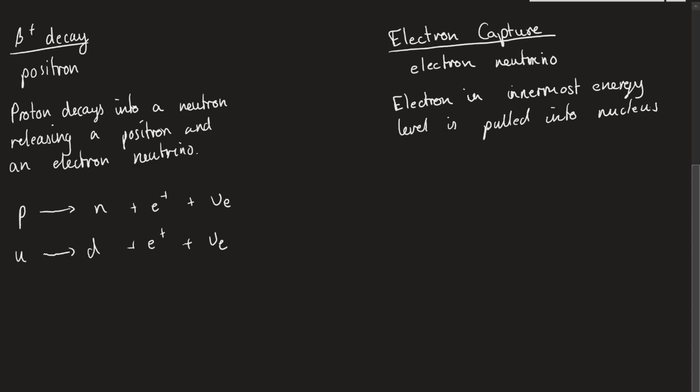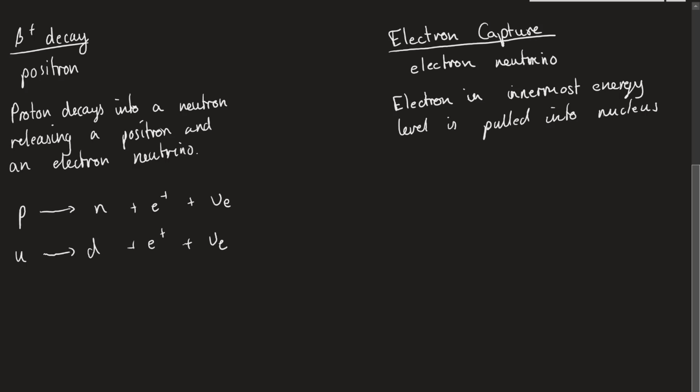That's what's going to start this off, but what happens after that is due to the weak force. When it's pulled into the nucleus, it's going to come to a proton, because that's why it's attracted there, and it fuses with a proton. Fuse is probably not a great word. It binds with a proton, or combines with a proton, in order to form a neutron.